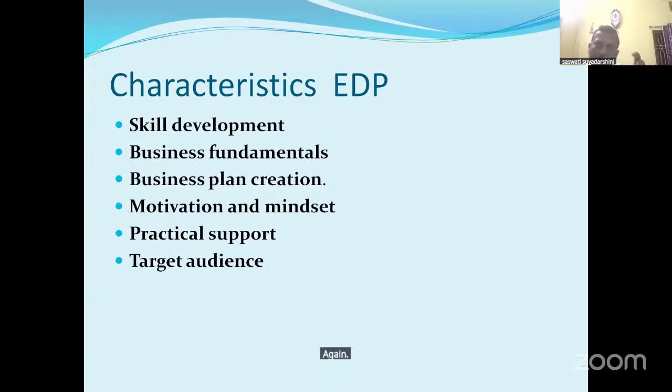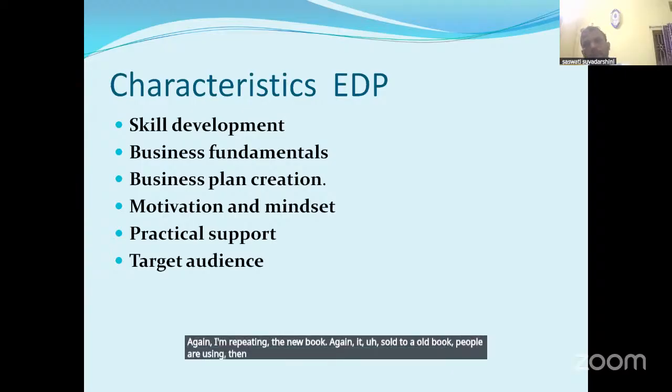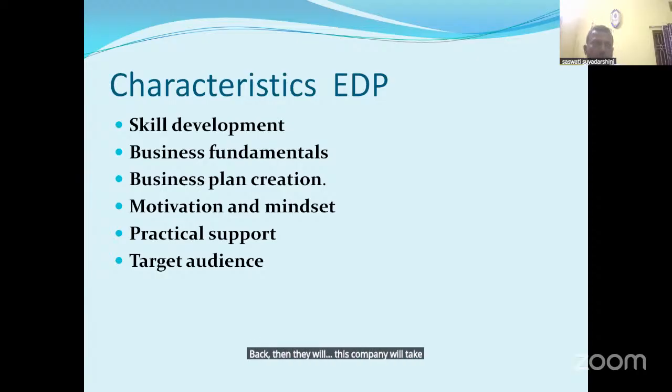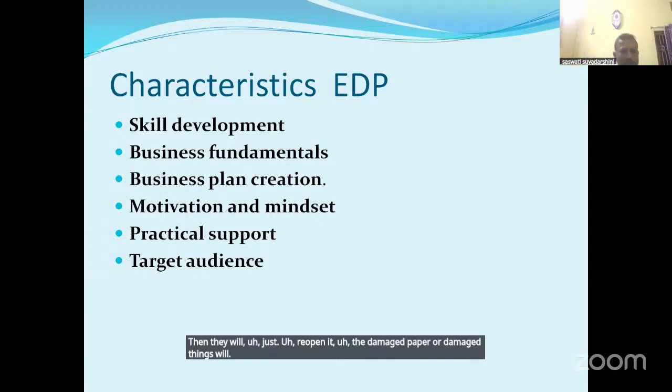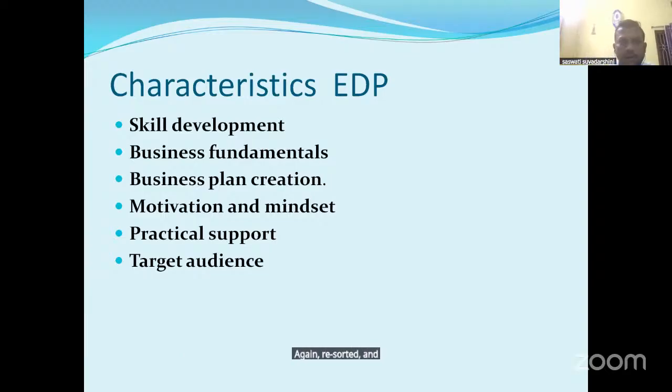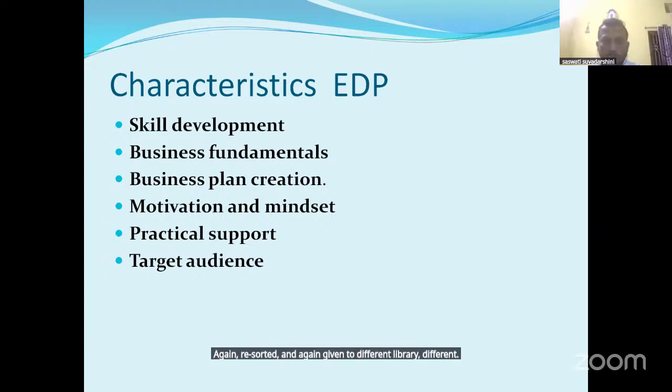Again, I'm repeating: a new book is sold as an old book, then the same old book comes back, and the company takes back the old books, reopens them, and resorts the damaged paper or damaged parts, then gives them to different libraries. This very simple concept was accepted by the Government of India. So this is a very simple plan.